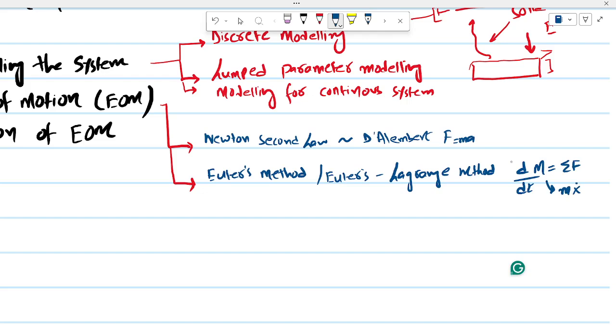So just try to familiarize yourself with x dot, x double dot, and all of this, because we will be using this throughout the semester. So the Euler method models the equation of motion by considering the change of momentum of a system. So that's the second part.